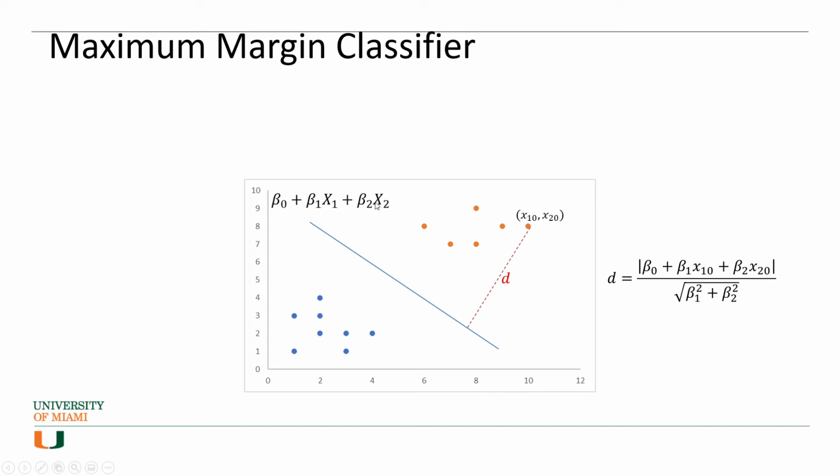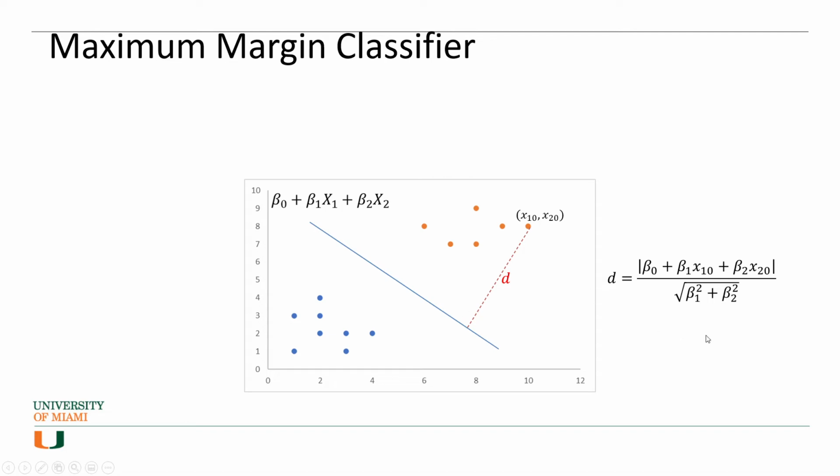And then instead of x2, you put in the coordinate of the second dimension, which is x2,0 here, and then divide by the square root of the sum of beta 1 square and beta 2 square. Okay, this is the formal formula for the distance between any point and any hyperplane.